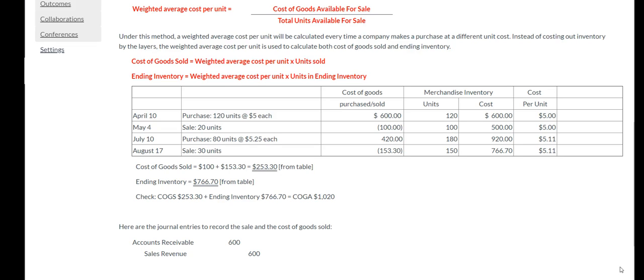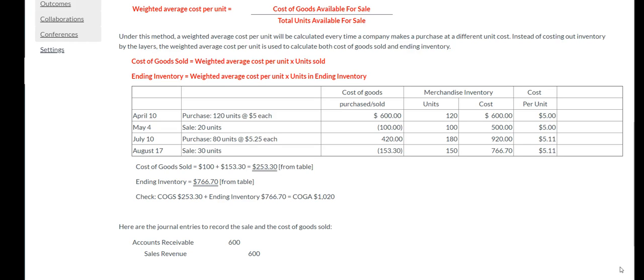When a sale occurs, you will cost out the sale at whatever the going weighted average cost per unit is. In my example, the May 4th sale was costed at $5 per unit because that was the weighted average cost on May 4th. But on August 17th, that sale was costed at $5.11 per unit because that was the going weighted average cost at that time.